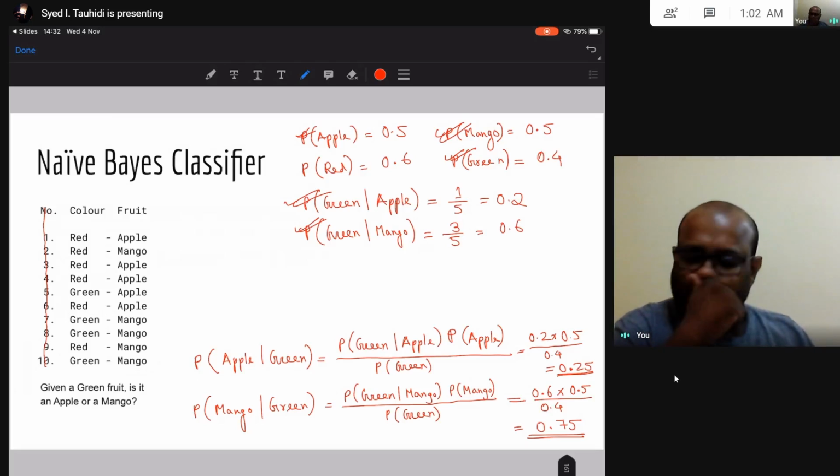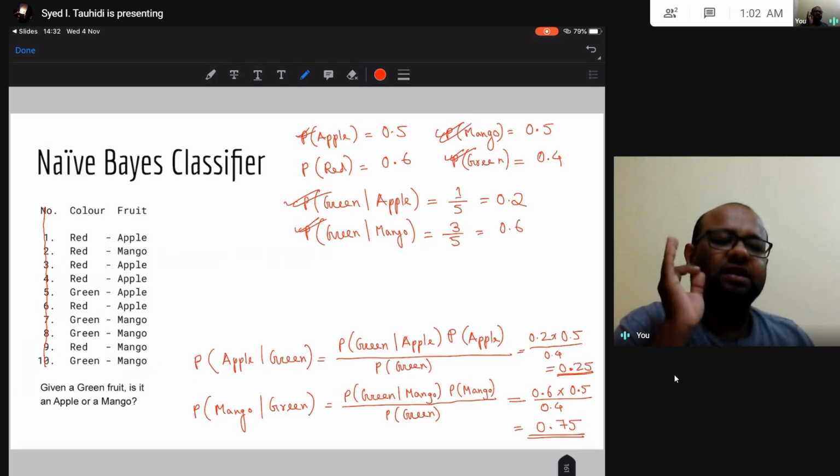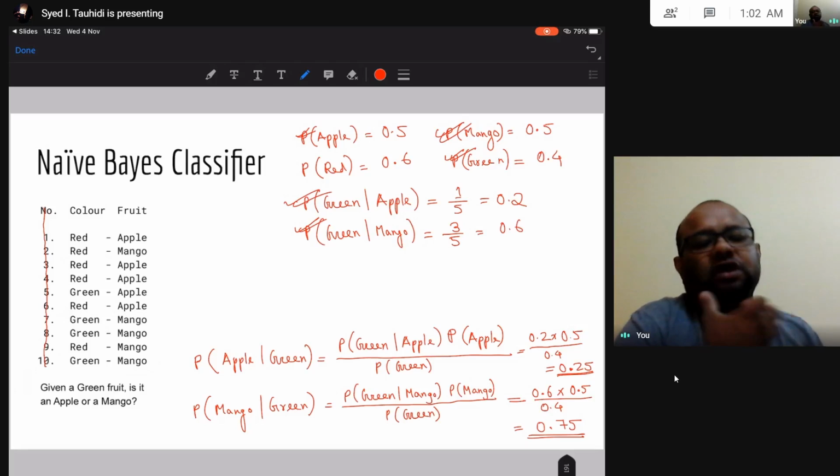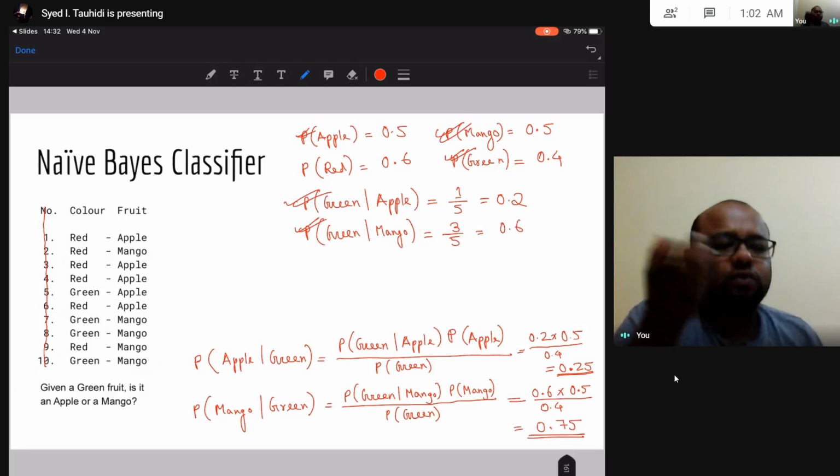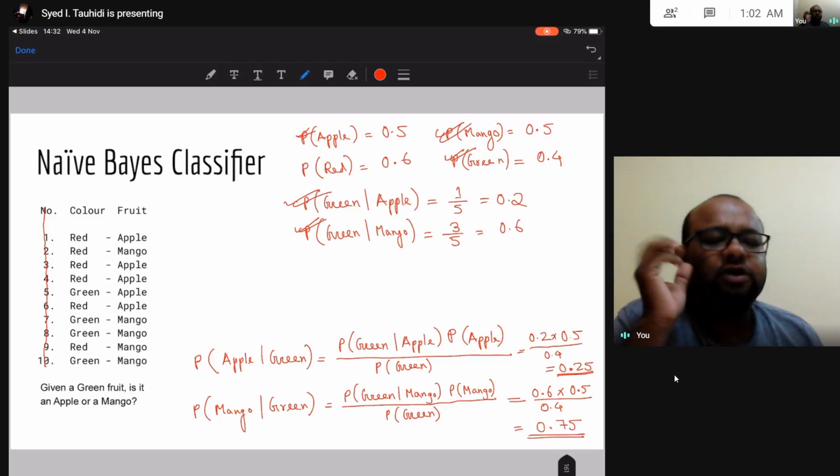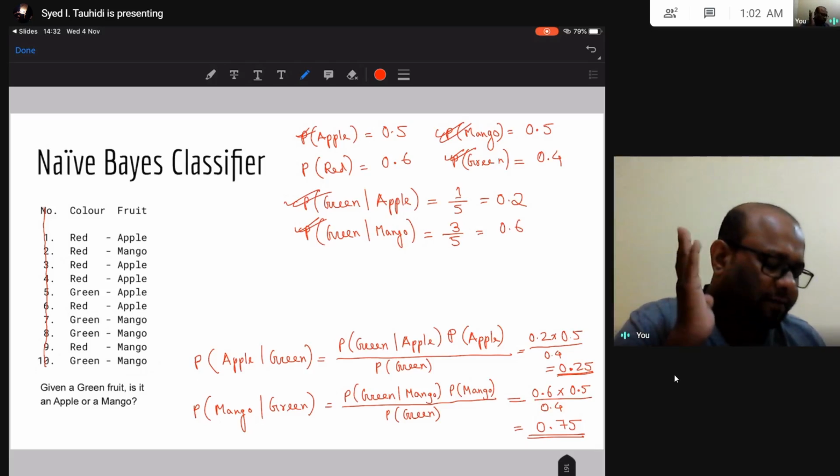I am 25% sure that it is an apple, and I am 75% sure that it is a mango. So, given a green fruit, I am probably going to guess that the fruit is a mango. So, this is what I have.